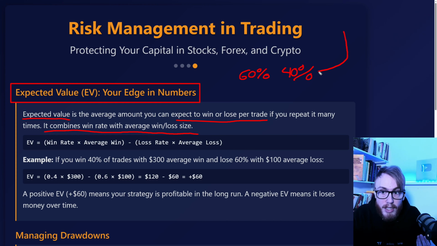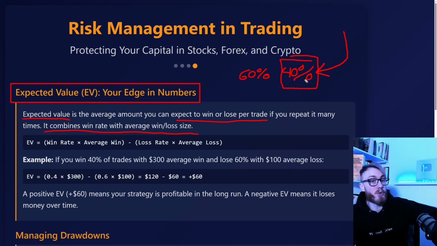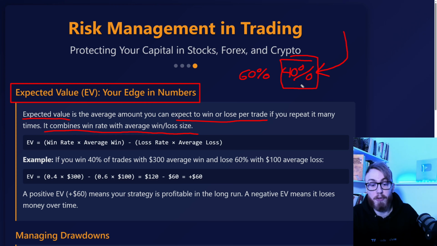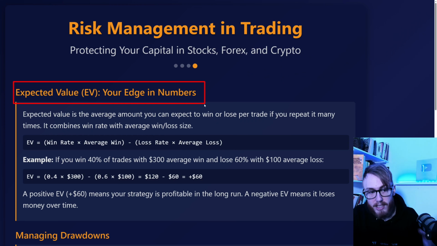But this doesn't mean that we can't be unlucky and maybe lose 2 times in a row or even 3 times in a row. A 40% chance can happen 3 times in a row, 4 times if we are unlucky. And that is why such an important part of expected value is that we actually take many trades.